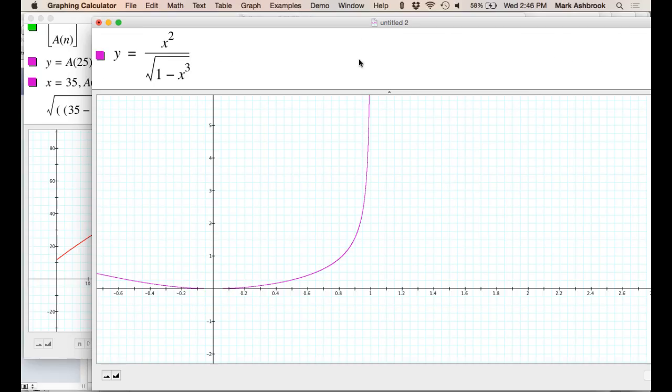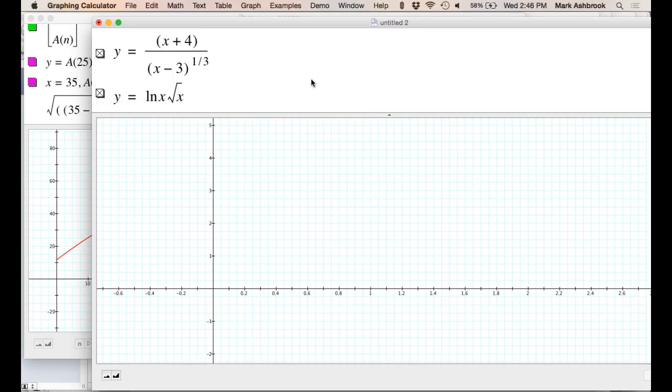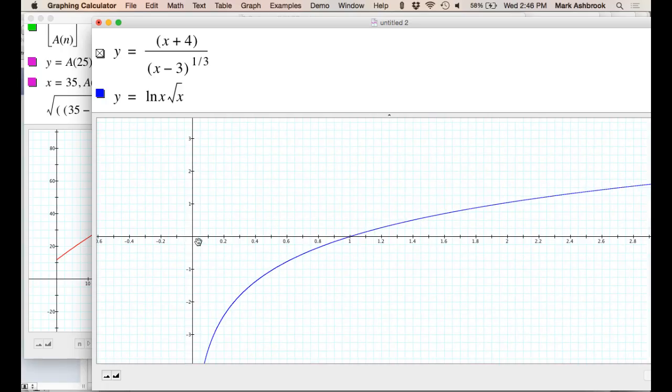Okay, let's do another one. Which one should we do? This one? Let's do this one. Okay, so say we want to go this one from 0 to 5 or something. Okay, what's the problem with that?